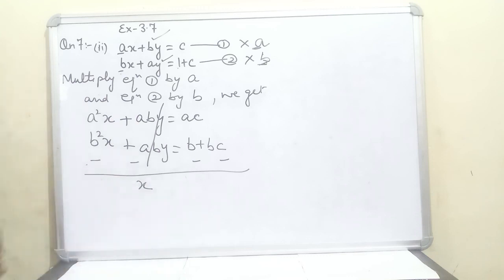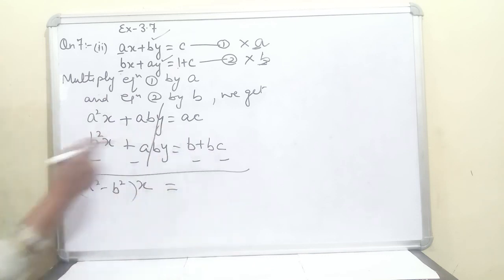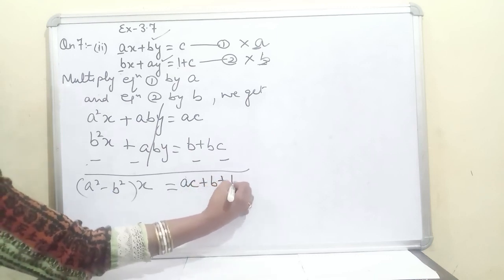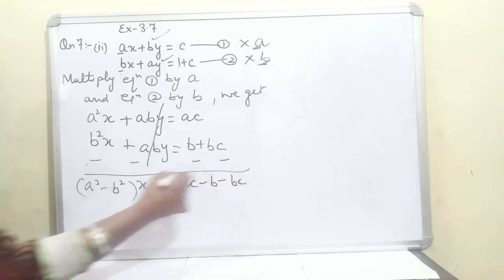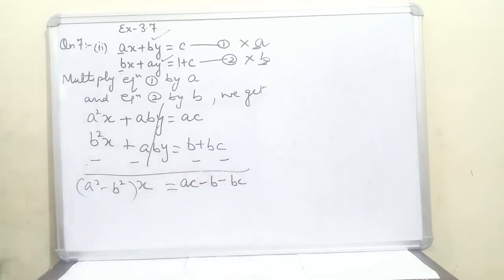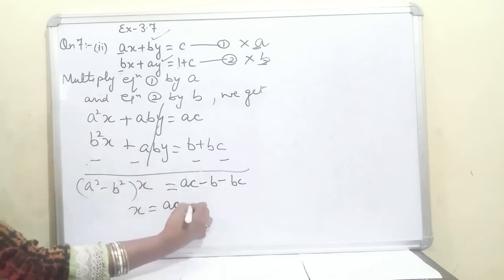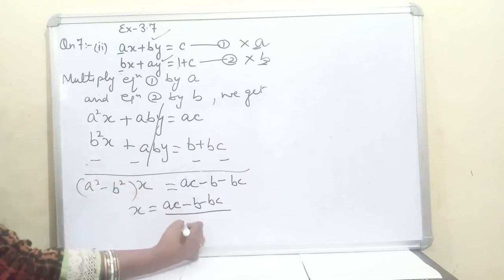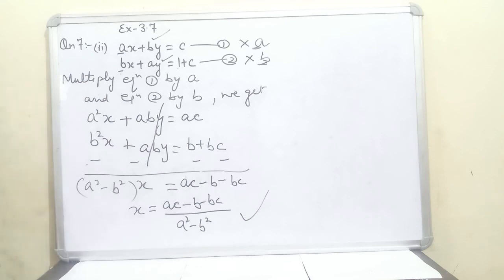So it will be a square minus b square equals, and nothing can be added or subtracted on the right, so it will be the same as it is, minus and minus. Okay, because I want to get the value of x, x will be ac minus b minus bc upon a square minus b square, and this will be the answer for x.